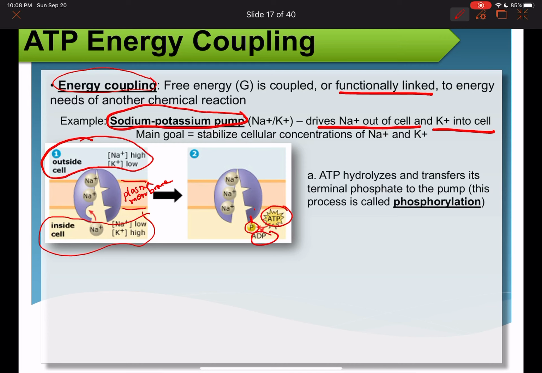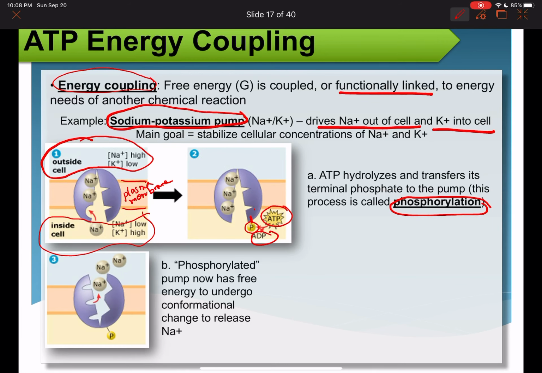And when it gets attached, we call this process phosphorylation. You will see this word a lot in upper level biology classes when we talk about enzymes and proteins in a reaction, because phosphorylation is something that will be mentioned quite often as a way to either activate or inactivate an enzyme or protein.